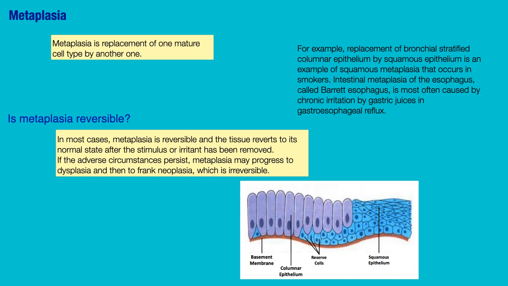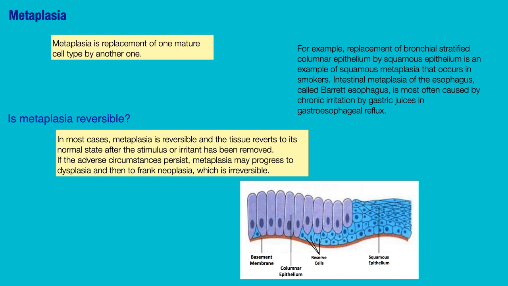Metaplasia is when a cell type is replaced by a different type of cell, and this is normally not good. For instance, the bronchial columnar epithelium may change to squamous metaplasia in smokers. So metaplasia is normally reversible if the irritant is removed.